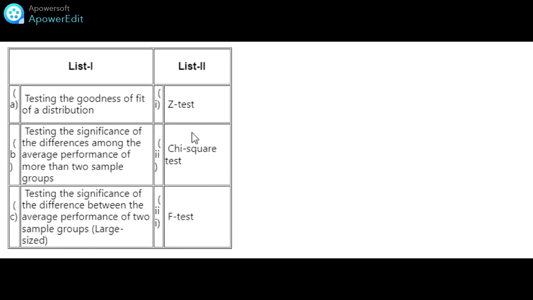So statistical tests are used for hypothesis testing. Goodness of fit we have already discussed. Goodness of fit is to determine if the sample matches the population. I would like to elaborate it once again.